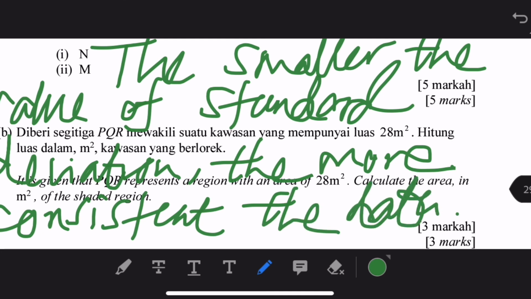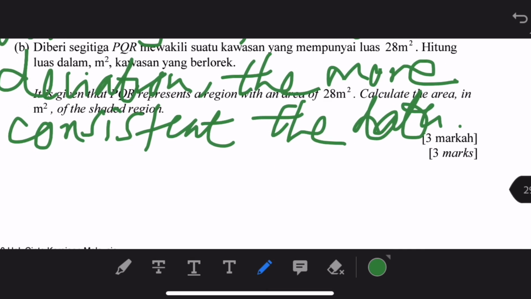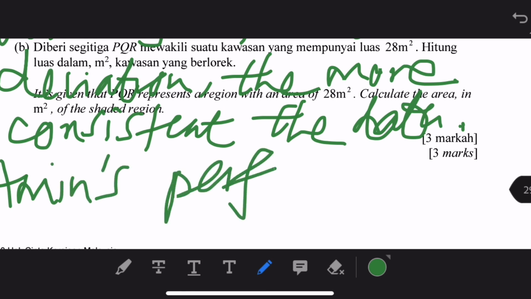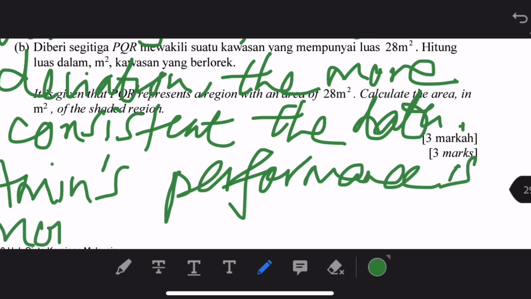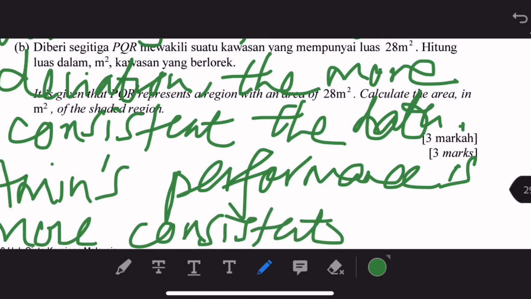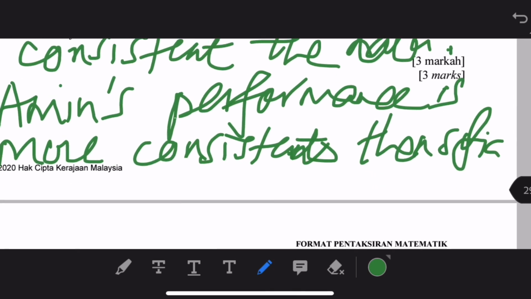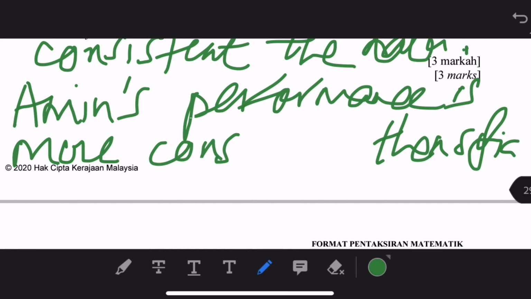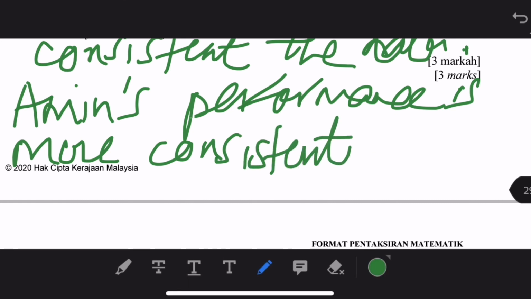So this shows that the conclusion is Armin's performance is more consistent than Sophia.